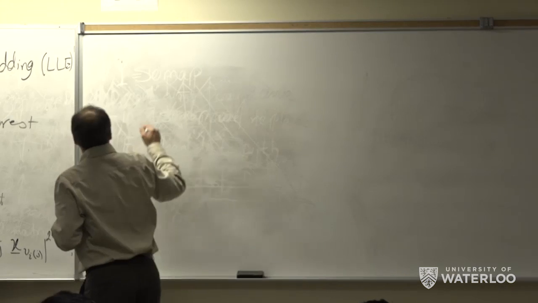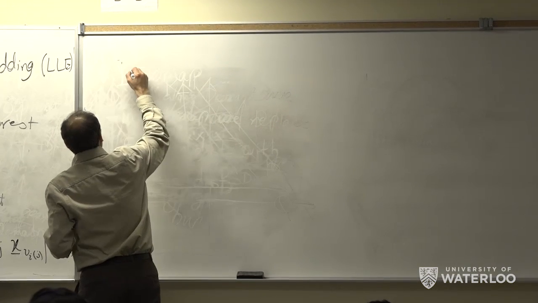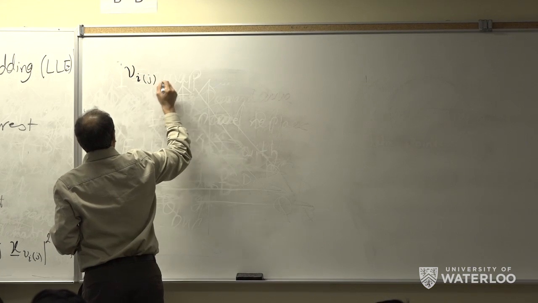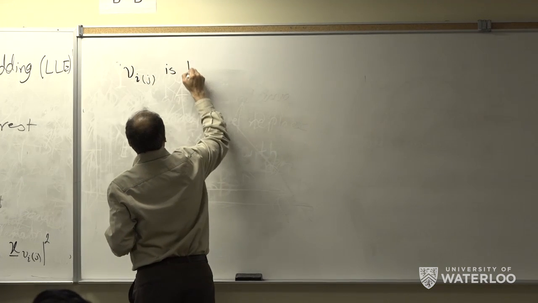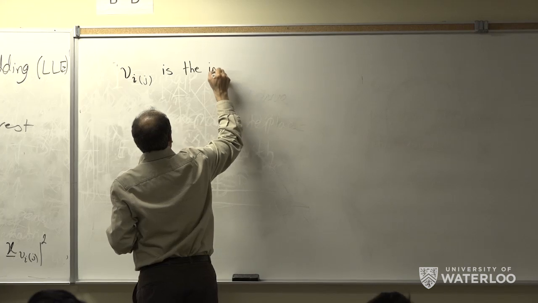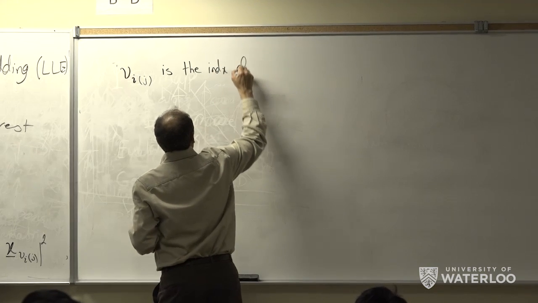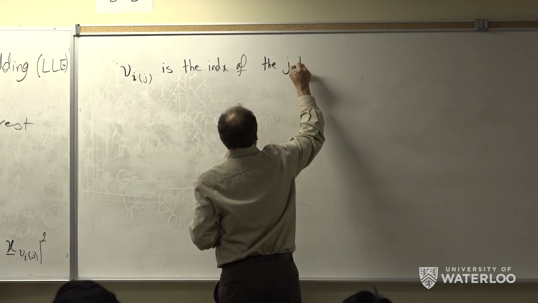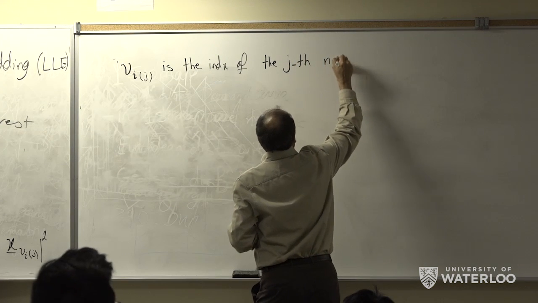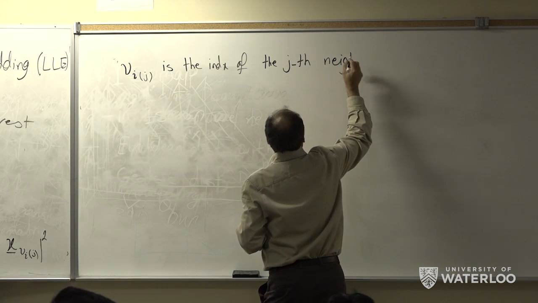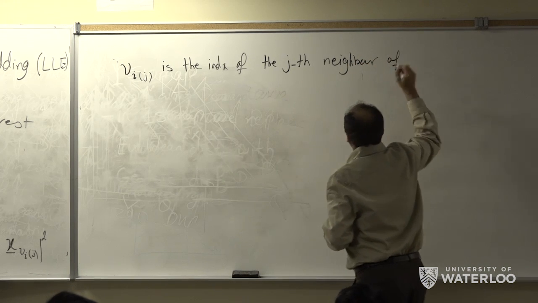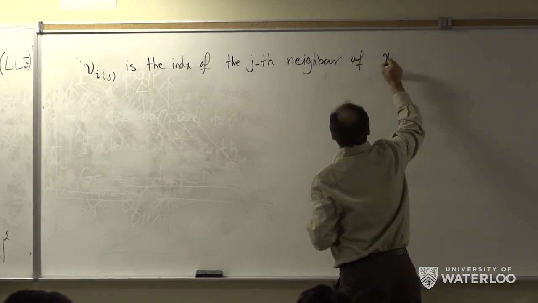So in this notation, Vij is the index of the jth neighbor of xi.